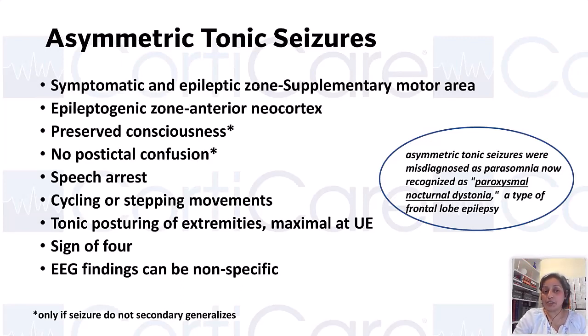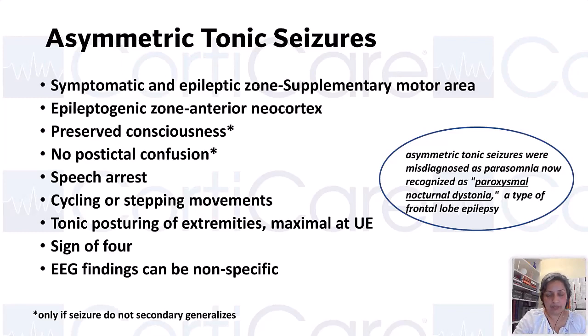Patient's consciousness is preserved. There is absolutely no postictal confusion. But it does happen. That's what makes them confusing. If the seizures do not generalize, if they remain focal, there will be preserved consciousness and no postictal confusion. Patient will be doing cycling or stepping movements. There is tonic posturing of the extremities, which is maximal at the upper extremities.